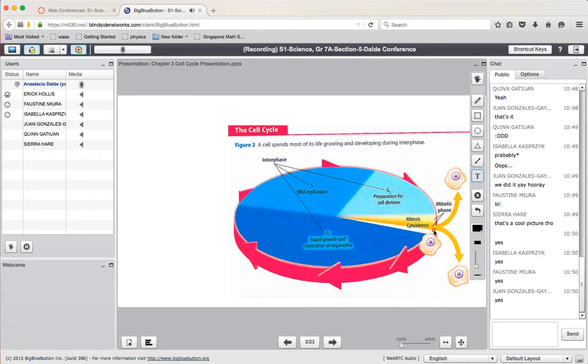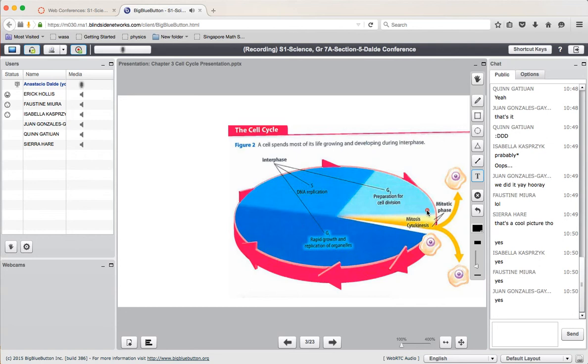I'll explain what's going on here. Most of the cycle takes place in what we call the interphase. Now the interphase is this blue part over here, and most of the cell cycle happens during this blue part called the interphase.